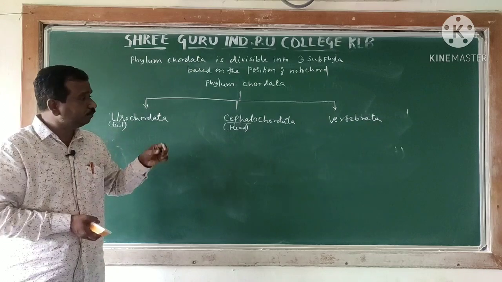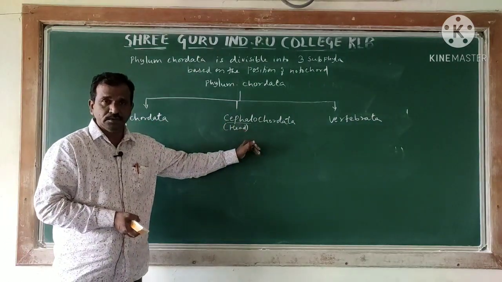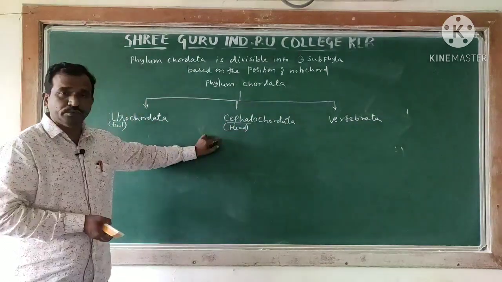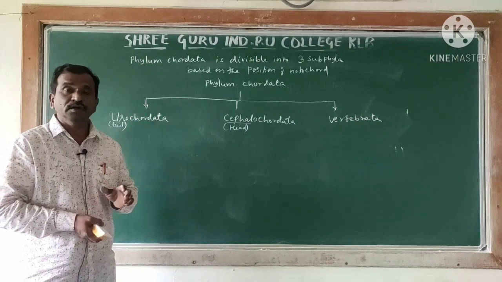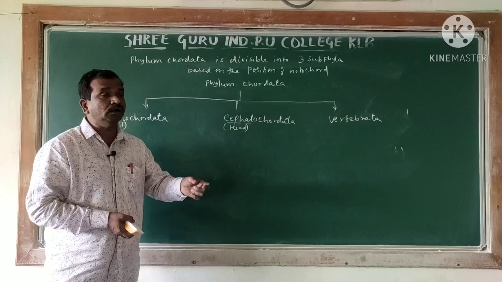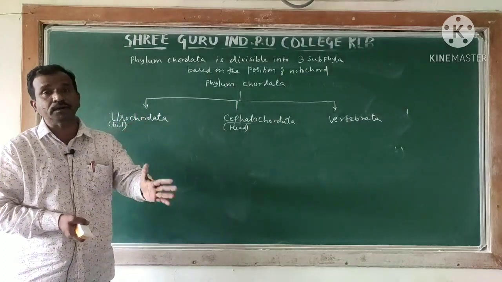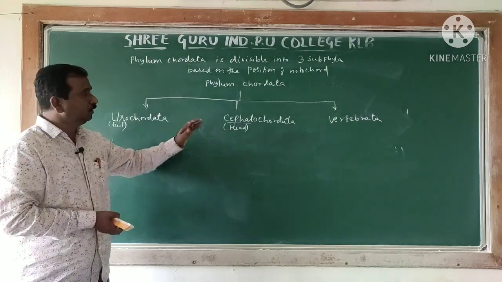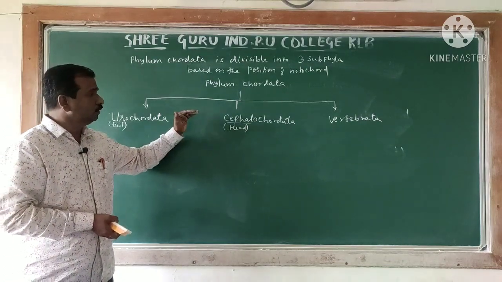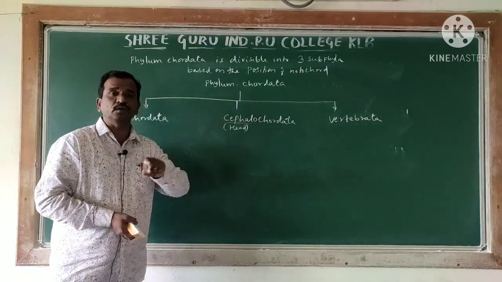Because these are the primitive chordates. In both of these a notochord is present, a rod-like structure is going to be found, but this rod-like structure is not replaced by the vertebral column. It remains as it is. That is why they belong to the protochordates or the primitive chordates.